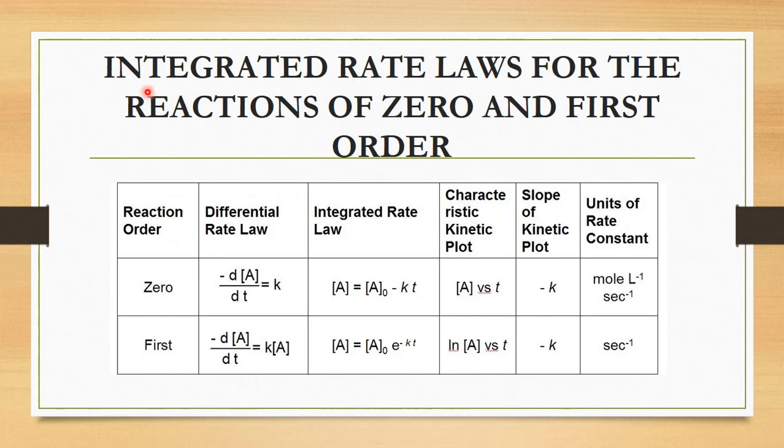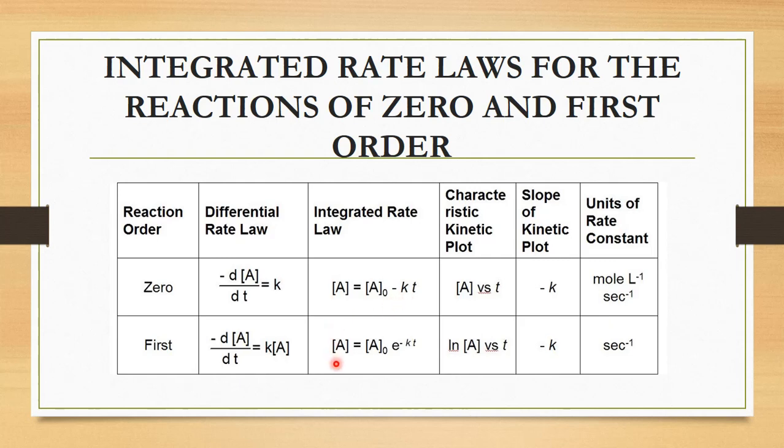Now here is a summary of integrated rate laws for zero and first order reaction, because in our syllabus we are to deal with these two types of reactions only. So differential rate equation for zero order will be minus d[A]/dt equal to k. For first order it will be minus d[A]/dt is equal to k into [A]. Integrated rate law, for zero order, [A] is equal to [A] naught minus kt.